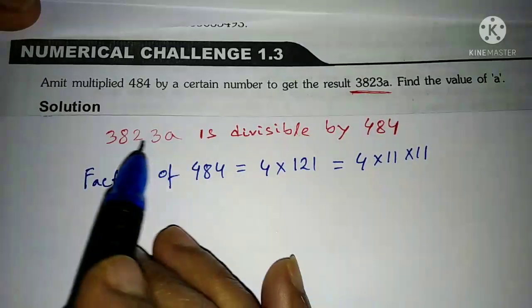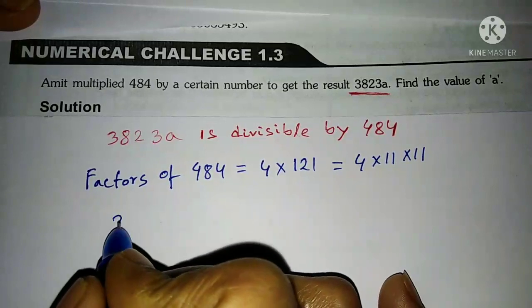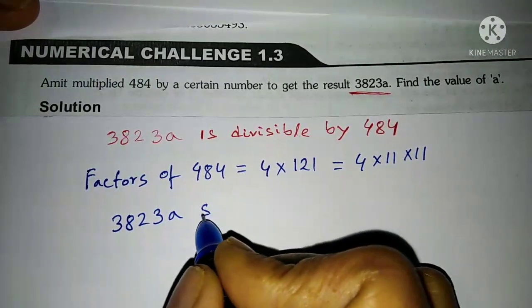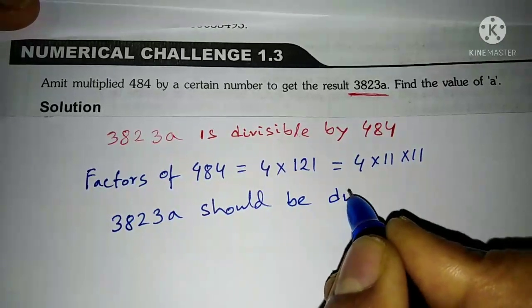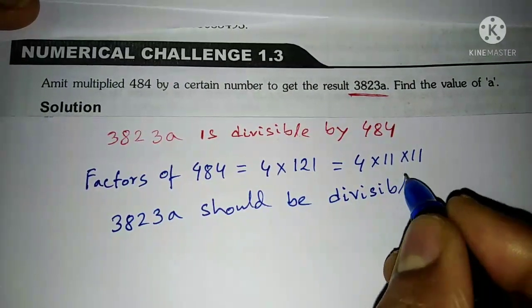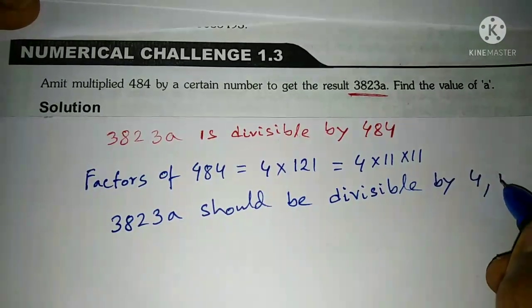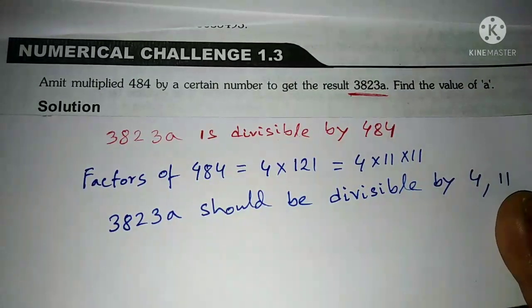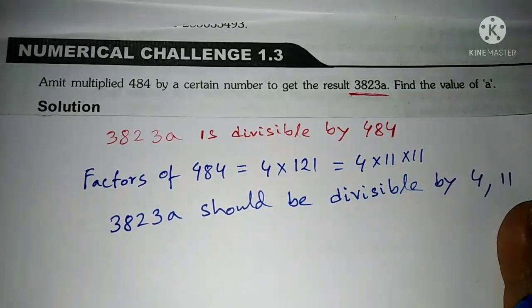If the given number is divisible by 484, it should also be divisible by 4 and 11.